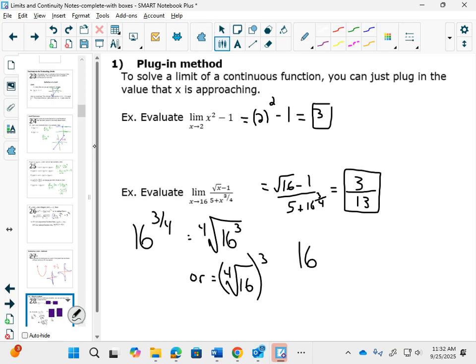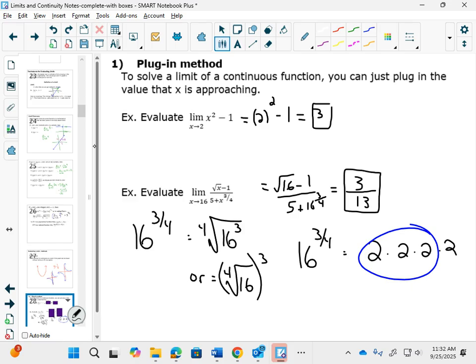Something, I don't know, you might like this. 16 to the 3/4. Well, 16 is 2 times 2 times 2 times 2. Take 3/4 of that. You got 8. That's kind of cool. And does that always work? Yeah.